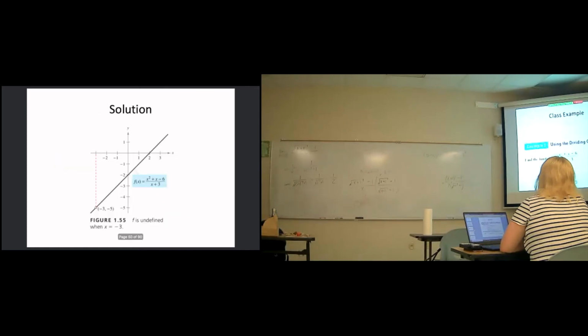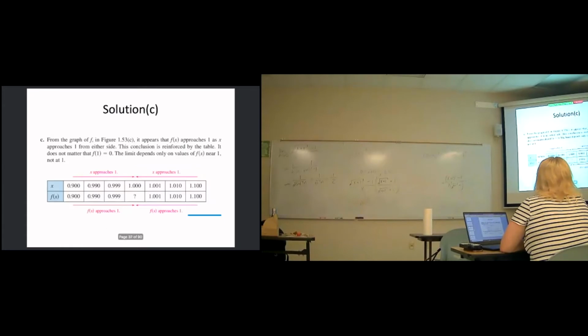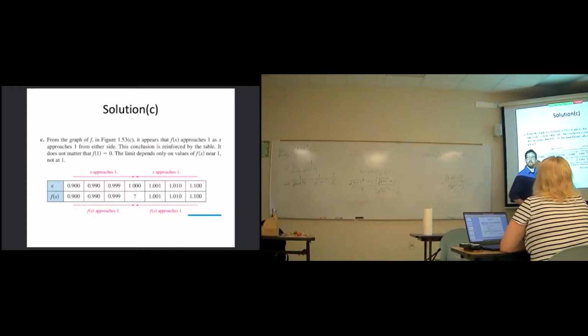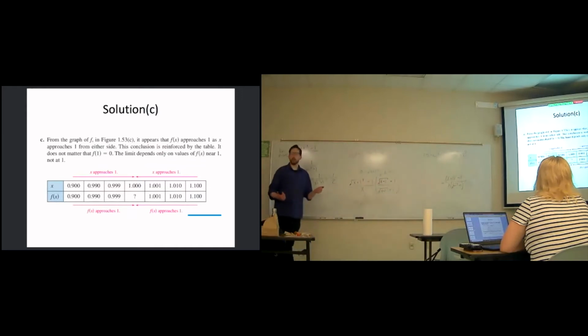The reason to do this is because the alternative would be to write out a table like this. To say, all right, when x is less than 0, what does our function approach? When x is greater than 0, what does our function approach? And this is computationally more work than the algebraic approach, right?